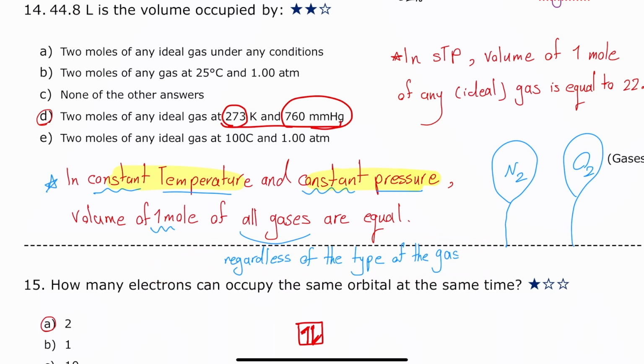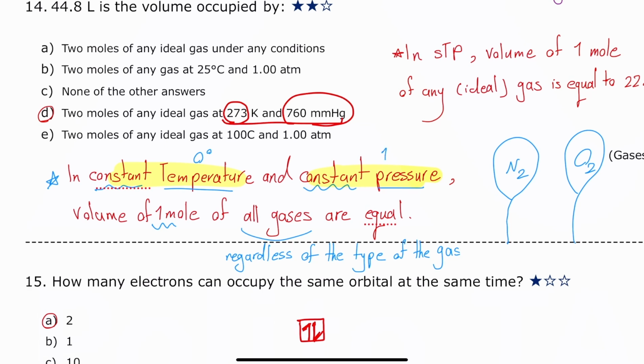This is such a cool thing. To make it even cooler, let's choose a constant temperature and pressure, for example 0 degrees Celsius and 1 atmosphere. This is what I'm going to choose.